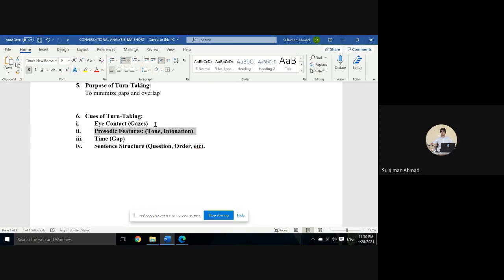Another is prosodic features, like tone and intonation. For example, if I look at phone numbers, if you ask me to tell you my phone number and I say 0 0 0, at the end it comes downwards.